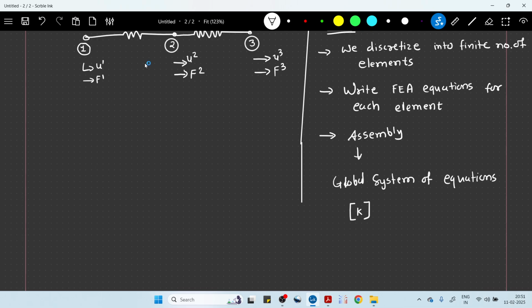It also looks something like k into u is equal to f, but the size will be different.